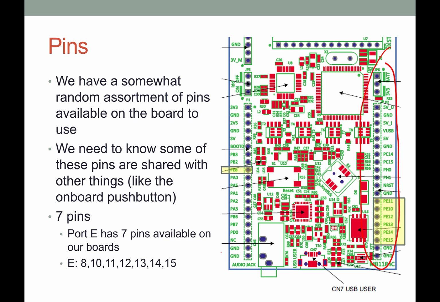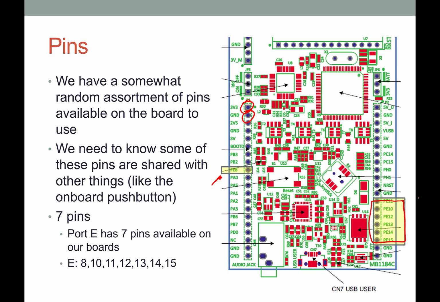So where you're going to attach is you can attach here for the 3.3 volts. You can attach here for the ground. You can attach here. It's suggesting port E8 and those right there to give us the 7 pins.